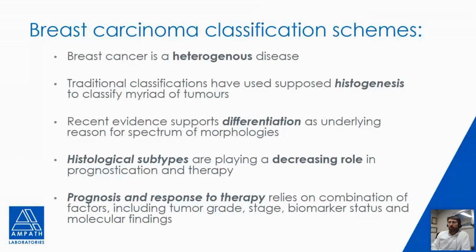I think one overriding fact that's come out of all of the changes in the different classifications is that breast cancer is a heterogeneous disease. It's not really different faces that arise from the breast of a common tumor as much as it is many diseases involving the same site. And I think one large shift has come with the understanding that previously, from a pathology perspective, we believed that different breast cancers arose from different cell types in the breast and were therefore subtyped or typed based on their morphologic appearance.